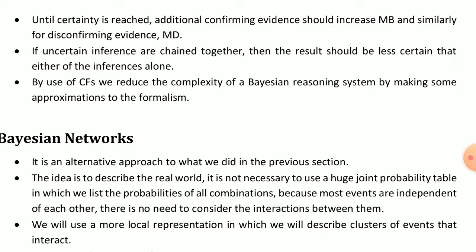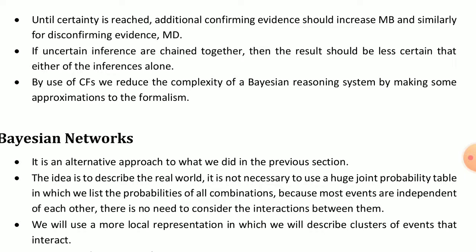If uncertain inferences are chained together, then the result should be less certain than either of the inferences alone. Then we can check whether our inference result is right or wrong. Doctor can check all the reports and give the feedback, disease causes, and some instructions are given.